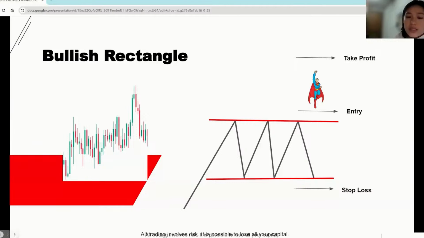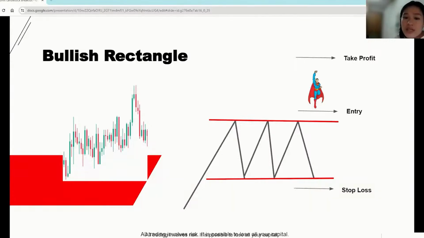So to spot the pattern in a price chart, you kind of just have to wait for a strong price movement, followed by a move in the opposite direction, like we see here. Okay, so these kind of rectangle or flag shapes signal a trend continuation.